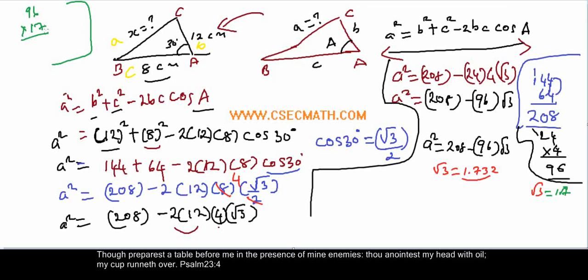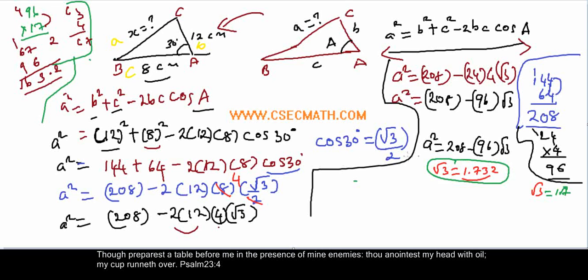So 7 times 6 is 42, 4 carry, 7 times 9 is 63, you add 4, you get 67, so place 67. 1 times 6 is 6, 1 times 9 is 9, so it's going to be 2, and 13, carry 1, 10, 16. So place the decimal point now, so it's going to be 163.2. So I have something like this: A squared is equal to 208 minus 163.2.